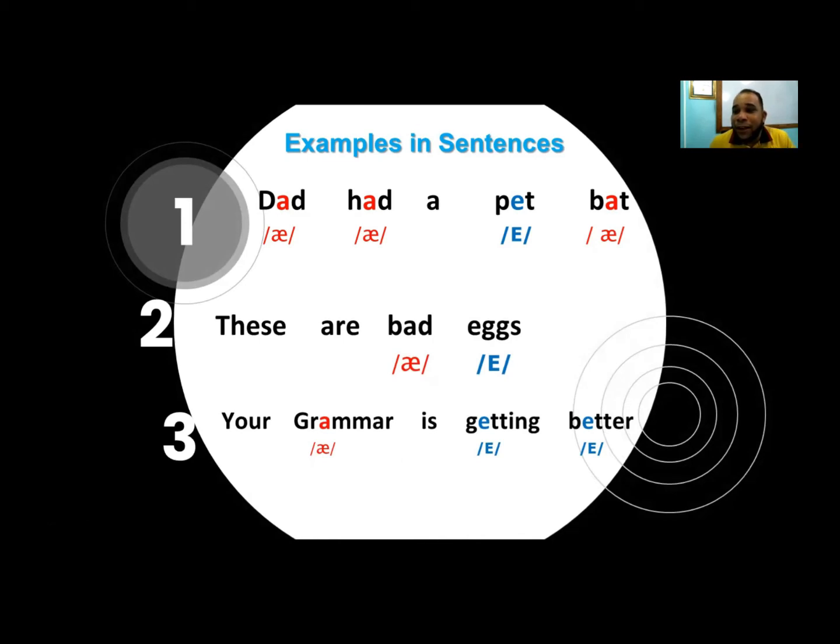Getting better. Grammar. Better. Grammar. Getting. Your grammar is getting better. Okay, did you notice the difference? I did. Oh yes, I did. I love this.